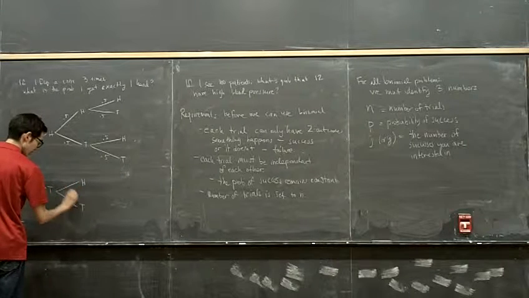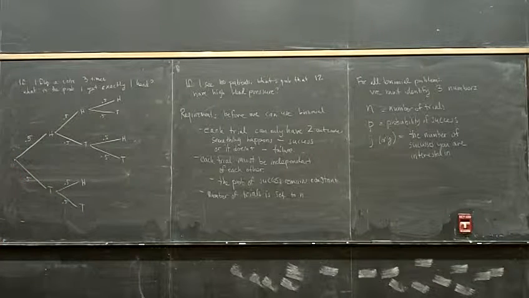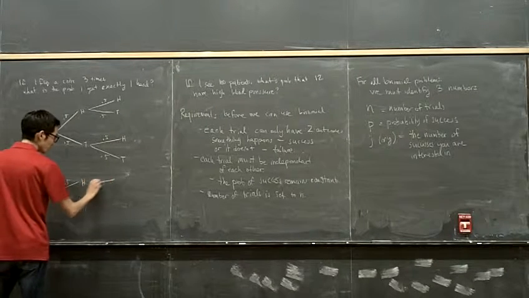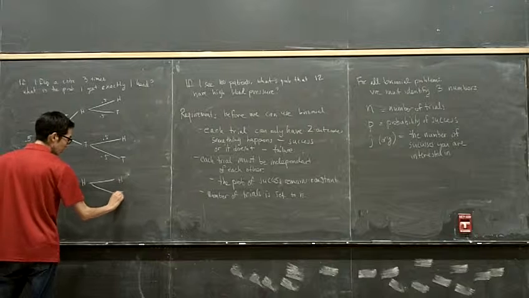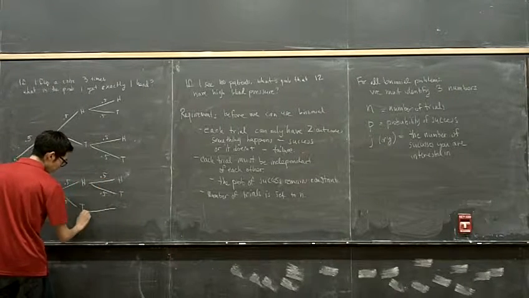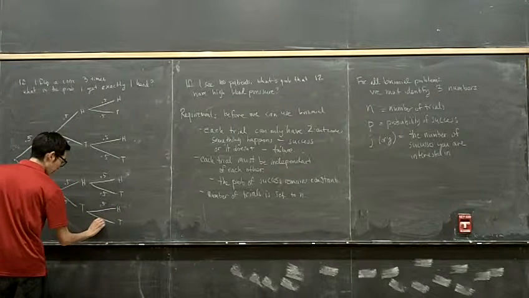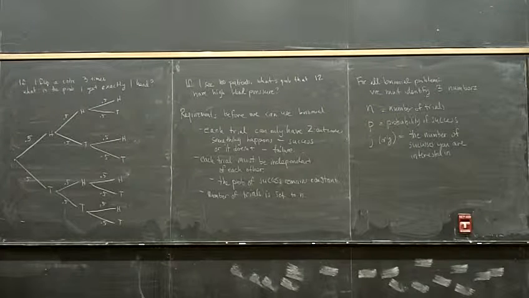But doesn't this mean that they're dependent? I thought the tree meant that they're dependent. The tree doesn't mean that they're dependent. The tree is a tool that we can use when things are dependent, but it can also be used when they are independent. Now, what's our biggest clue that this is still independent? You flip it 3 times.